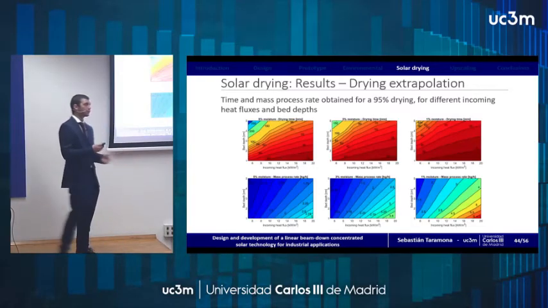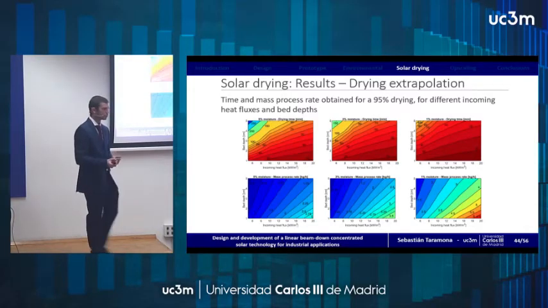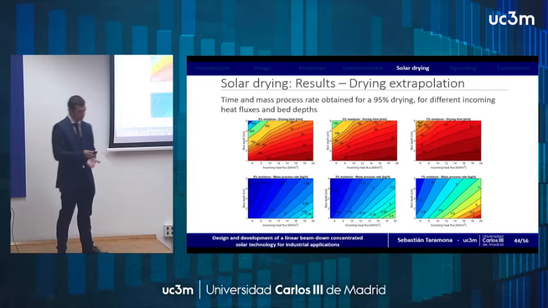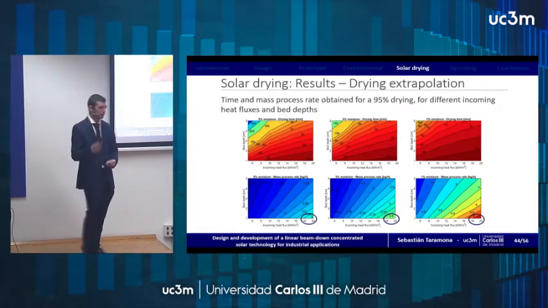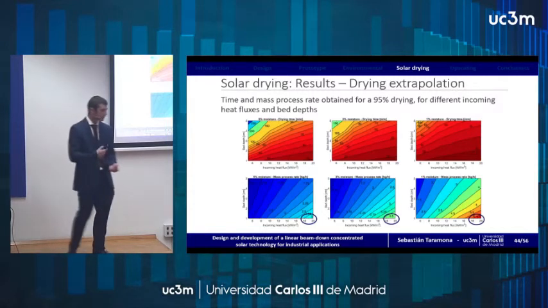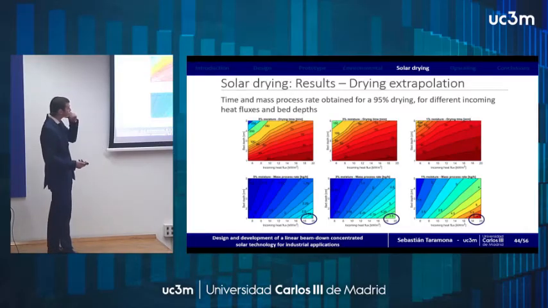And one can think that maybe having a deeper bed, but that takes a little bit more time to dry up, would be better to process more materials than having a completely shallow bed. But in this case, the results tell us the opposite, that it's better to have a shallow bed and process it multiple times to obtain higher mass processing rates.